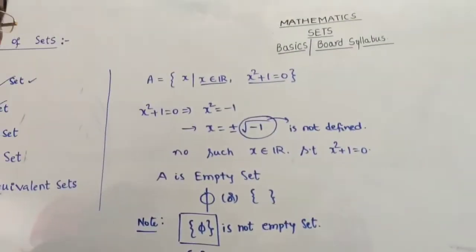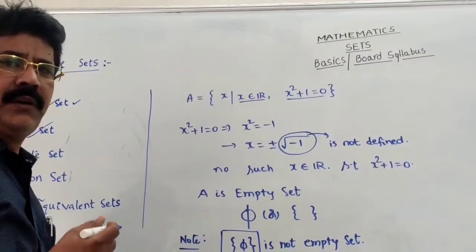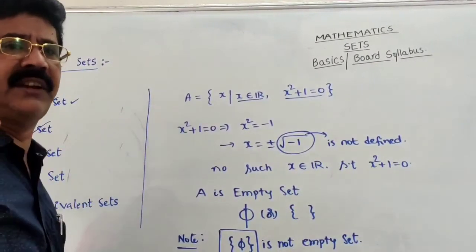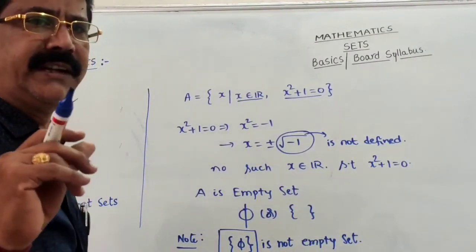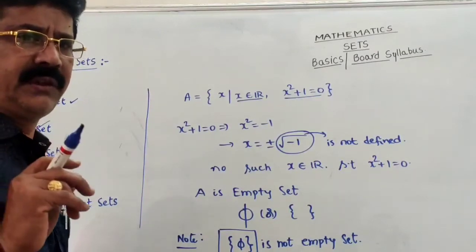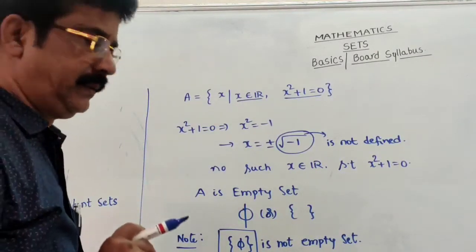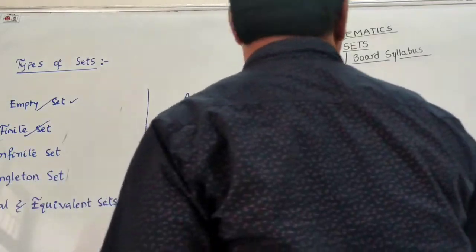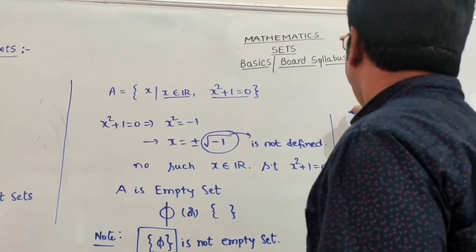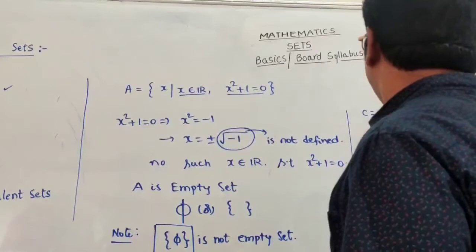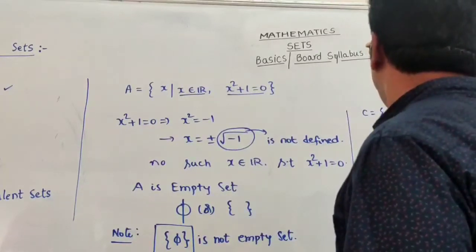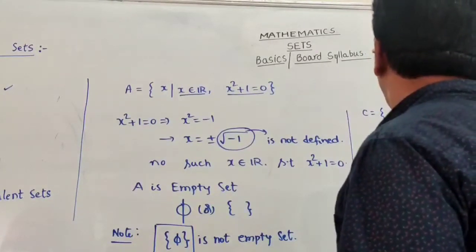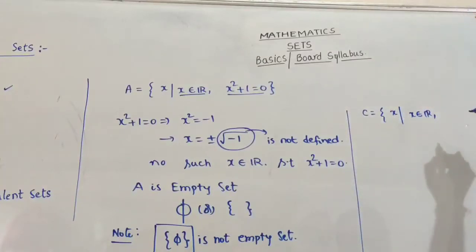Finite set: the concept is there in the title itself. A set which contains a finite number of elements is called a finite set. Example, capital C is equal to the set of x such that x belongs to capital R, real number set, x square minus 5x plus 6 equal to 0.